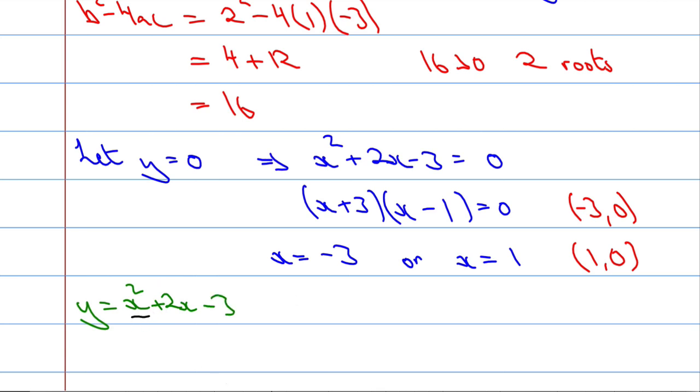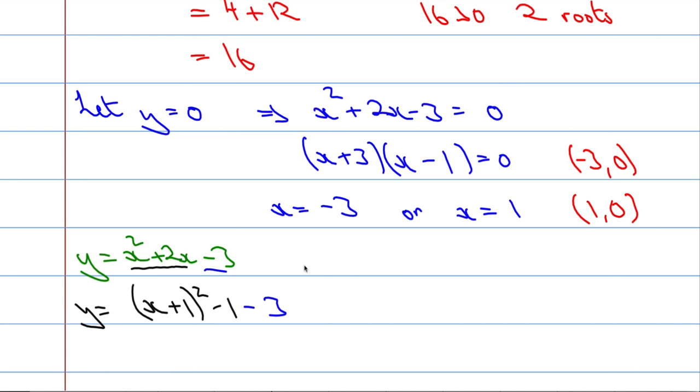So like before, focus on this guy here. We get y equals, open the bracket, x, and then half this coefficient, which is 1. Square that. When I expand this out, I'm going to get a plus 1 at the end. I don't want it, get rid of it. And then we've got the minus 3 to take into account. So that equals (x plus 1) squared minus 4.